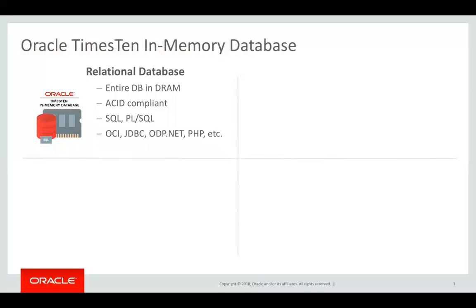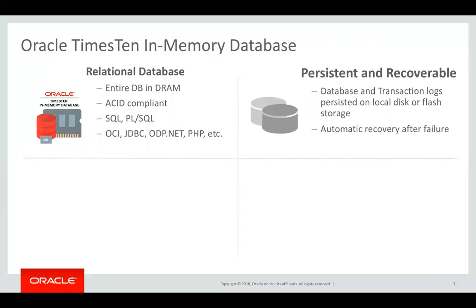It is fully ACID compliant, supports standard SQL and PL/SQL languages, and supports standard database APIs such as the Oracle Call Interface, JDBC, ODP.NET, PHP, etc. Although TimesTen is in memory, it is a fully persistent and fully recoverable database. All the database data is stored persistently in database files and log files, and the database features standard checkpointing and logging mechanisms for durability and recovers automatically after failures.